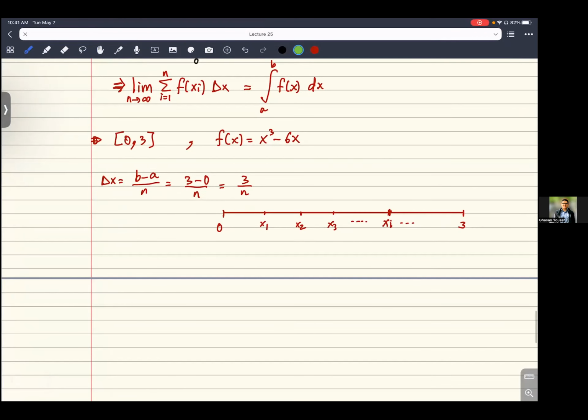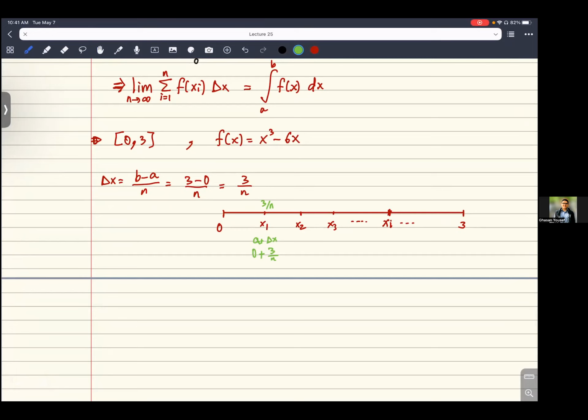How can we find it? It's a plus delta x. a is 0, plus delta x, which is 3 over n. So the first point is 3 over n.